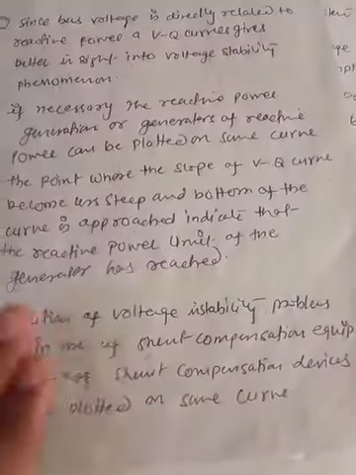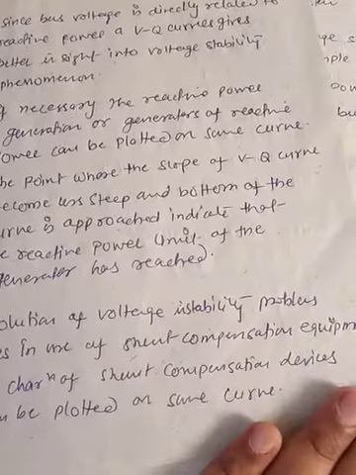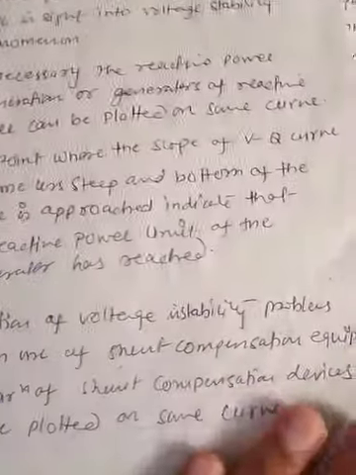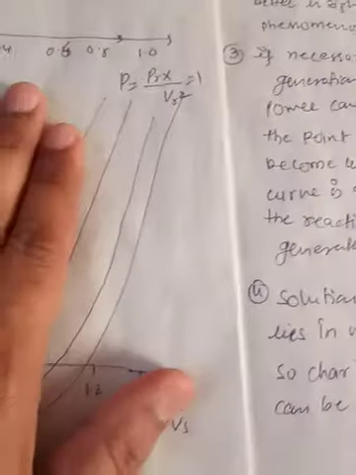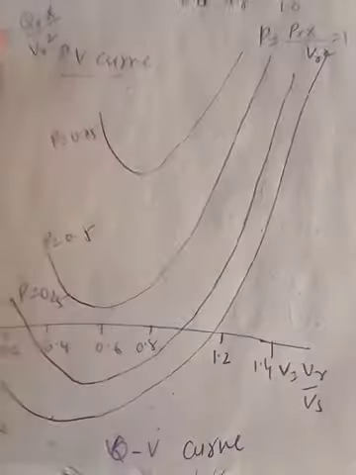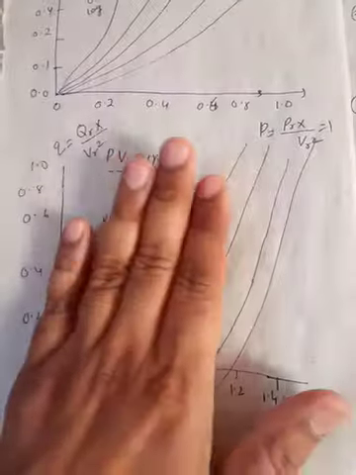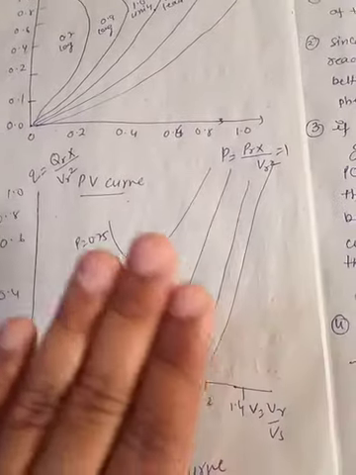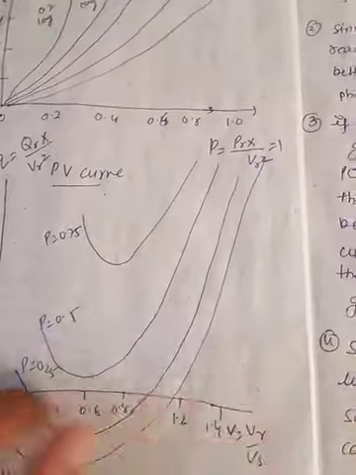Now the solution of the voltage instability problem lies in the use of shunt compensation equipment. So the characteristics of shunt compensation devices can also be plotted on the same curve. As we know, if you want to solve the voltage instability problem, the solution lies in reactive power management. Characteristics of the shunt compensation device can be kept over here.